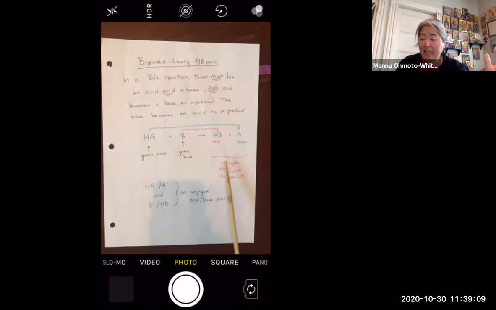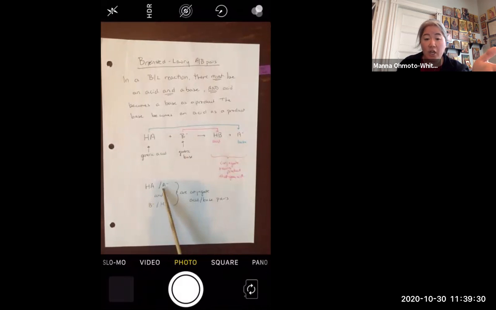So we call anything that is a product a conjugate. Conjugate means product, and that goes with what it came with. So a base will create a conjugate acid, and an acid will create a conjugate base. So conjugate always refers to what I'm creating.